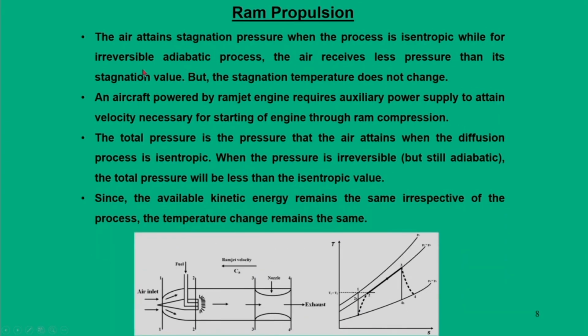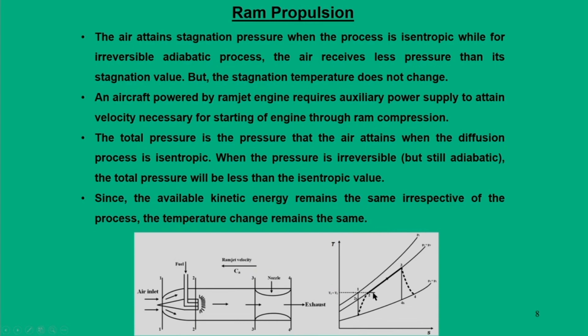Other concepts that are used here: air attains the stagnation pressure when the process is isentropic, while for irreversible adiabatic flow, and in fact this duct is typically an adiabatic duct, the air attains less pressure than the stagnation value. But whatever the case may be, the stagnation temperature does not change between 1 and 2.